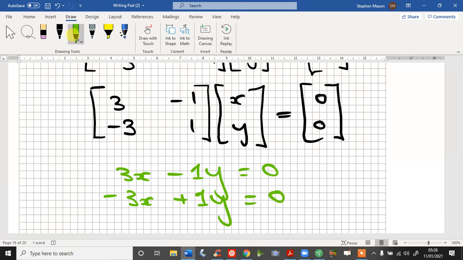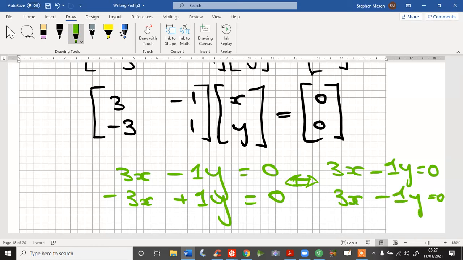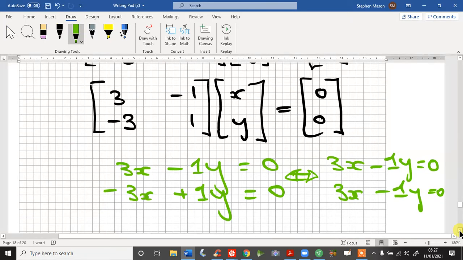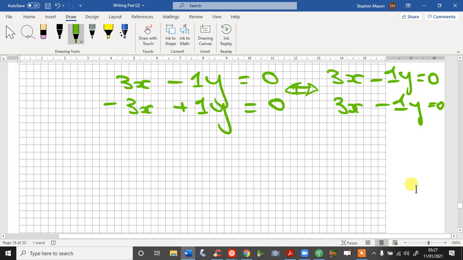You divide both sides of this second equation by -1 to get 3x minus 1y equals 0. So you can see both equations are identical and consistent.